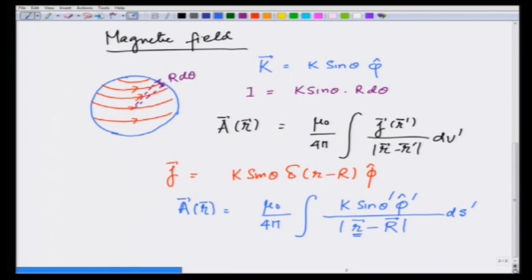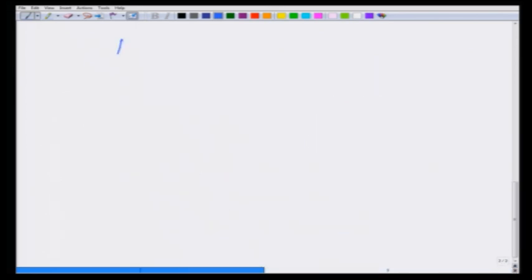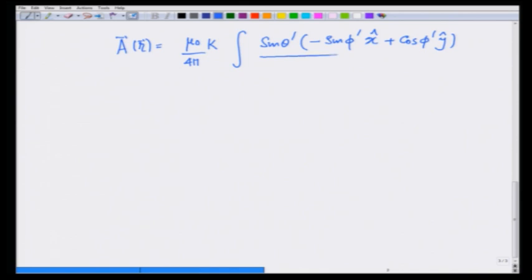If I expand this, I am going to get A(r) equals mu naught over 4 pi, K comes out, inside I am left with sine of theta prime, and phi prime I can write as minus sine phi prime in the x direction plus cosine of phi prime in the y direction, divided by |r minus r prime| dS prime, where dS prime is now, let me show it again over this sphere, the surface area over the sphere.